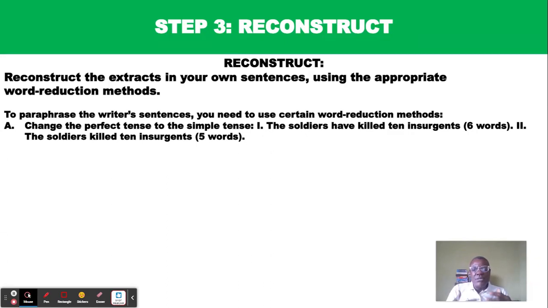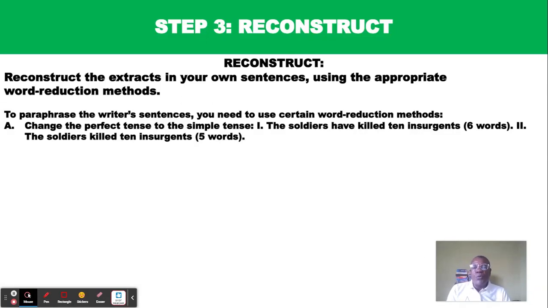Yet you didn't do this by copying word for word. So that's exactly important. How do you achieve this? You need to paraphrase the writer's sentence. But it's not just paraphrasing in the general sense. This is word reduction type of paraphrasing.